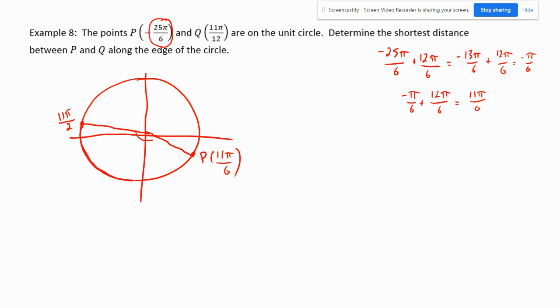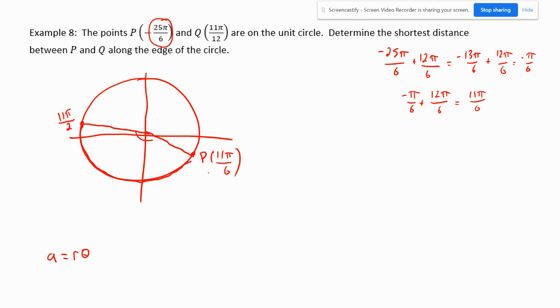So we need to figure out what this arc length is. If you remember what we learned in topic 4.1, we have a formula, a equals r theta, which is our arc length formula. Now I need to figure out what this angle is in radians.